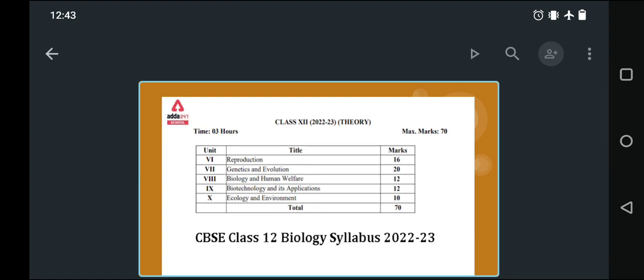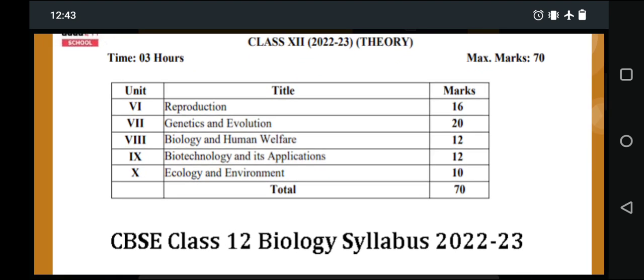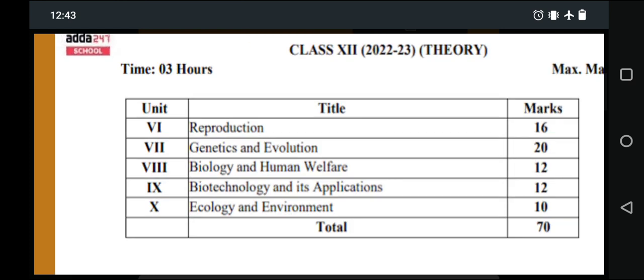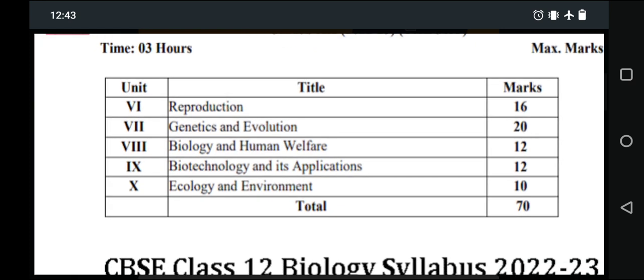You can see here, this is the ready-made unit-wise blueprint I got from the CBSE, from the 12th standard NCERT textbook: reproduction, 16 marks; genetics and evolution, 20 marks; biology and human welfare, 12 marks; biotechnology and its application, 12 marks; and the last unit, ecology and environment, which has 10 marks.